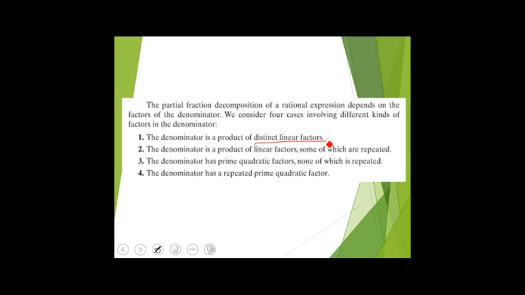Second case is when the denominator is a product of linear factors, some of which are repeated. The third case is when the denominator has prime quadratic factors. And the fourth case is when the denominator has a repeated prime quadratic factor.